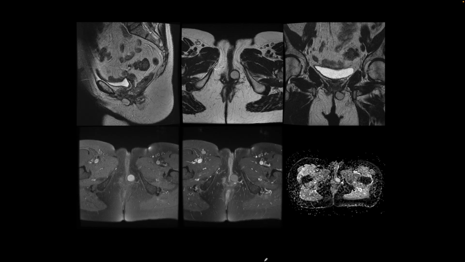This is our next patient, another MRI of the pelvis, this time in a female patient to evaluate an incidental finding. So on the sagittal, axial, and coronal small field of view T2 weighted images, we see this simple appearing cystic focus, T2 hyperintense, in the perineum deep to the wall of the left side of the vagina.